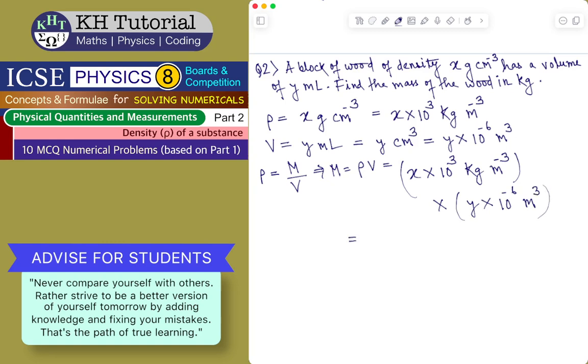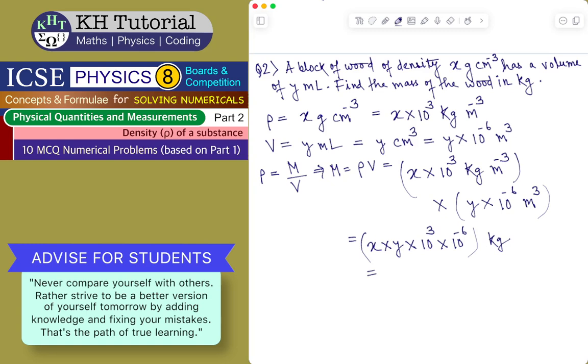You will see that m to the power minus 3 will cancel out with m to the power 3. So this is x multiplied by y multiplied by 10 to the power 3 multiplied by 10 to the power minus 6 kilogram.